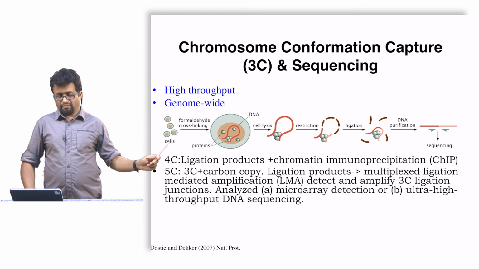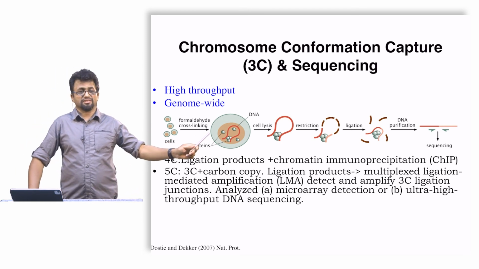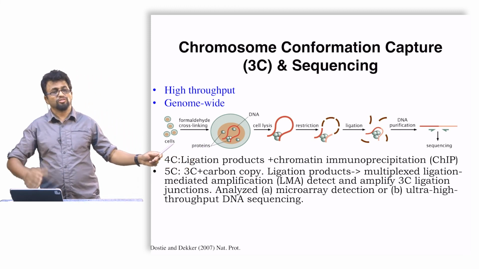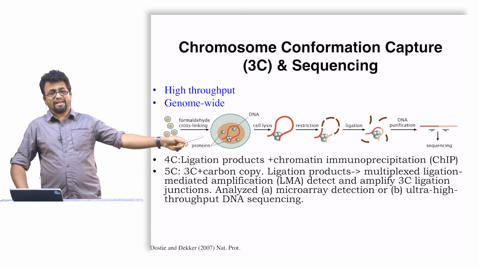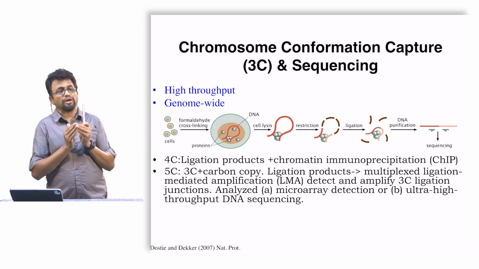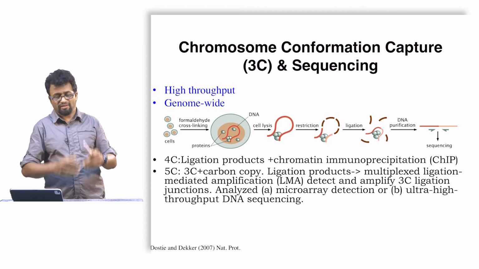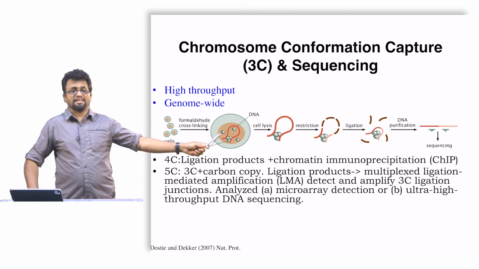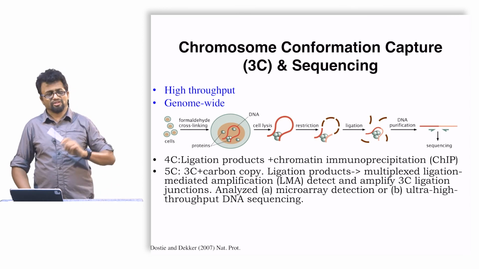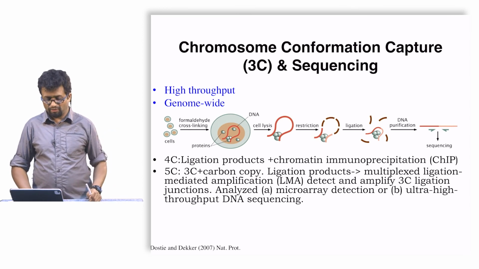Then lyse the cell, then restriction digest it. So, you are familiar maybe with restriction enzymes which cut at a certain known sequence. Ligate the fragments such that those things that are close to each other, they join and they form one DNA sequence. Purify the DNA and then sequence it, and if there is a chip involved in it, then that may also be the case.